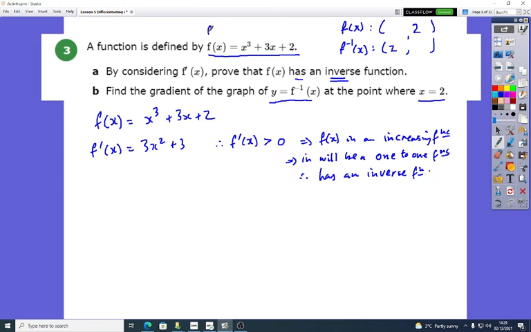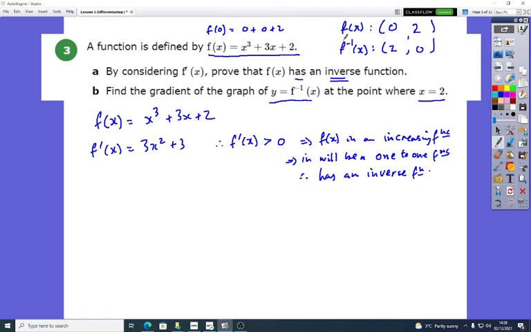Well, x must be 0, because 0 cubed is 0, 3 times 0 is 0, plus 2 gives me 2. If I put the domain 0 in there, it will give me an output of 2. So that's going to be 0 as the range.